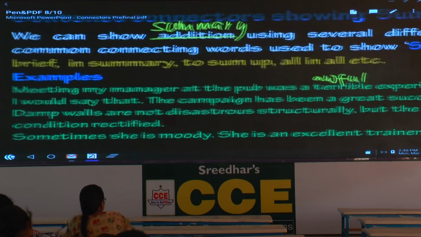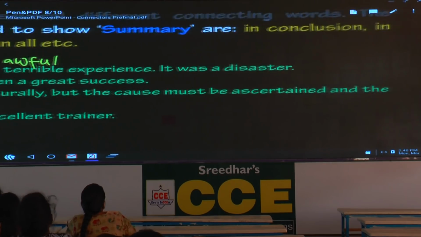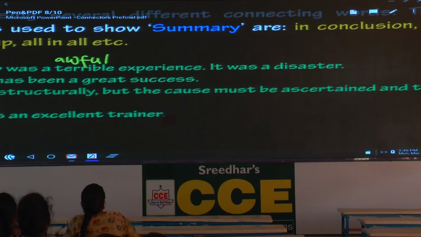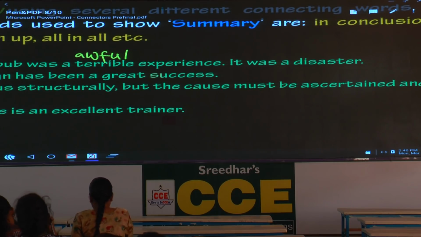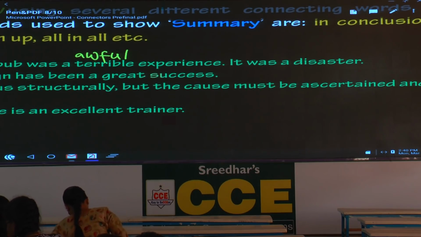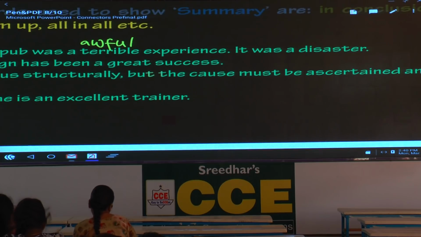So, what is the answer here? I would say, in conclusion, that the campaign has been a great success. I would say that, all in all, the campaign has been a great success. That's also right. Please don't restrict yourself with one. You could use one or two or three, doesn't matter. As long as they are grammatically correct and they sound practical from a usage point of view, they are right.